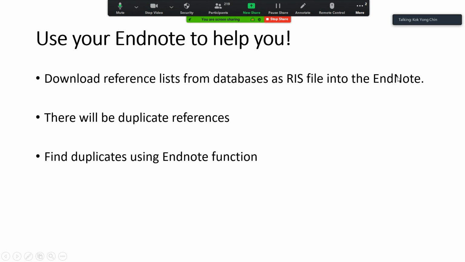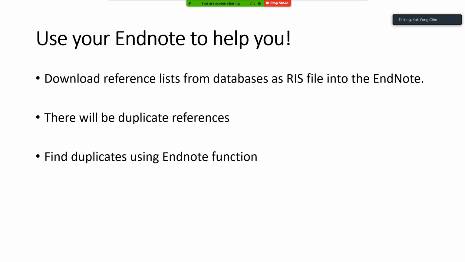Don't screen them first just yet. Just download everything. You get 200 from Scopus, download all 200. You get 400 from PubMed, download all 400. And then download that as an RIS file and put them into EndNote.